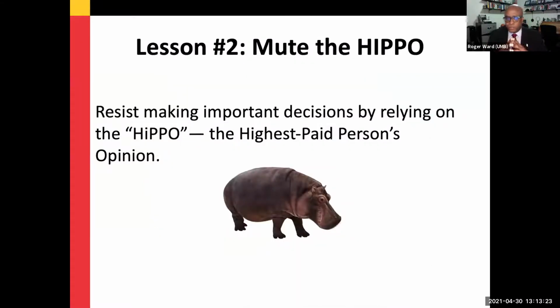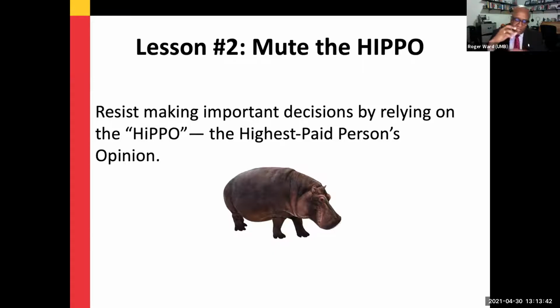Lesson number two, mute the hippo. There's a tendency in organizations, and certainly with people who hold positions like mine, for others to defer to the leader. The hippo, of course, stands for the highest paid person's opinion.